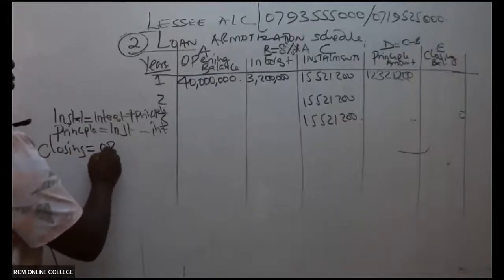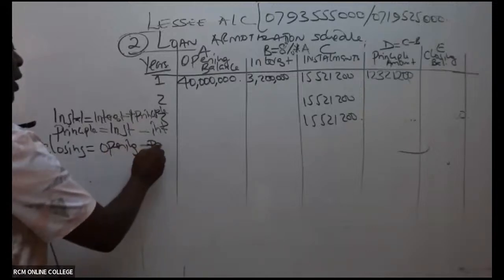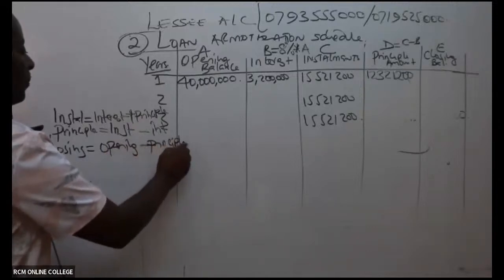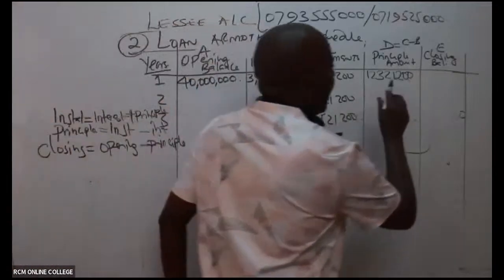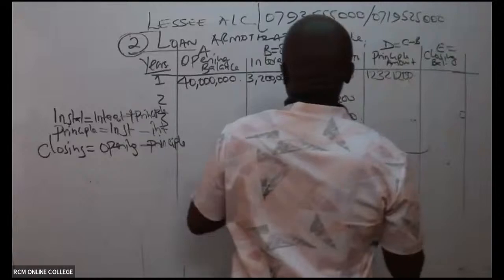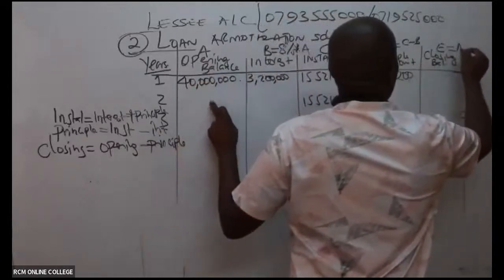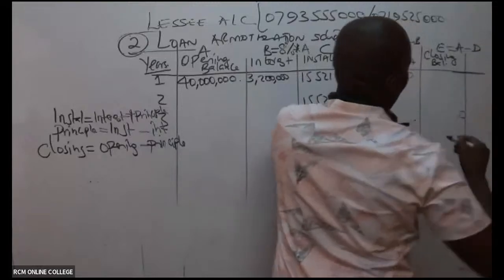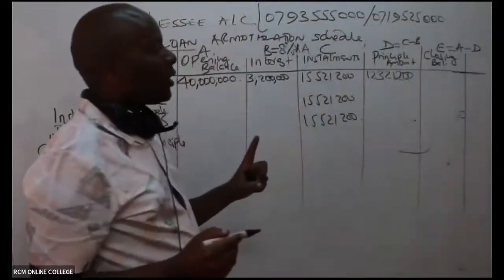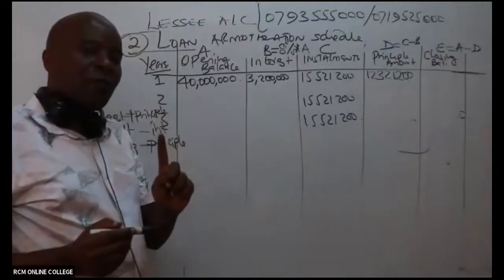Don't subtract interest. So anytime you want to get this closing balance, E, you will take the opening, which is A, minus the principal, which is D. It's only the principal amount that reduces my loan.